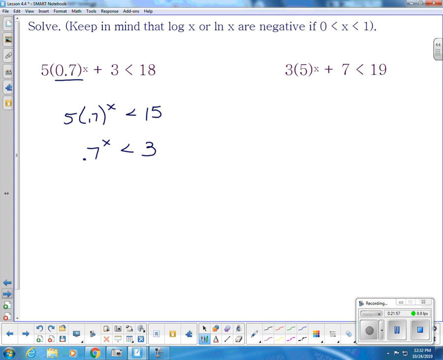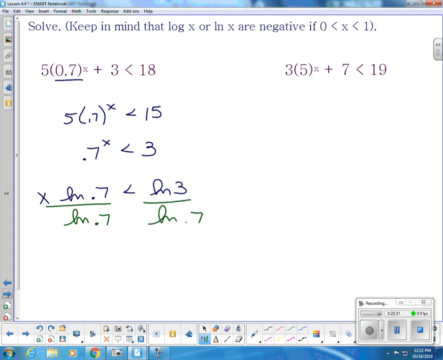And then we're going to take the natural log of both sides, or the common log. Again, that's your choice. So in order to drop the exponent down, you have to take the log of both sides. And then you are going to divide by the natural log of 0.7.